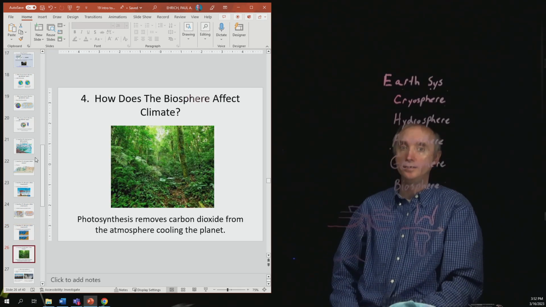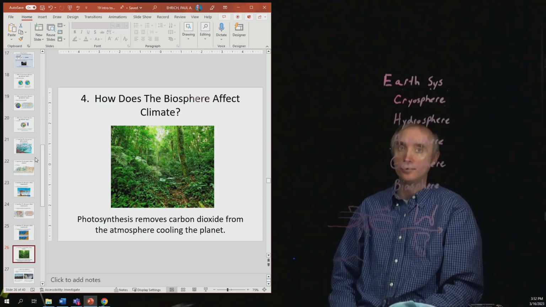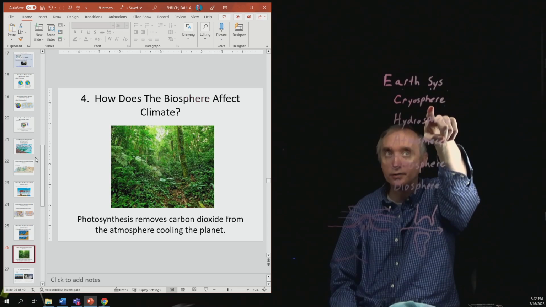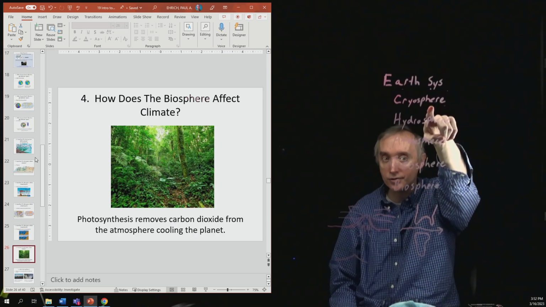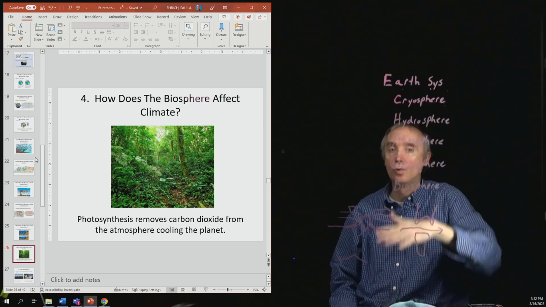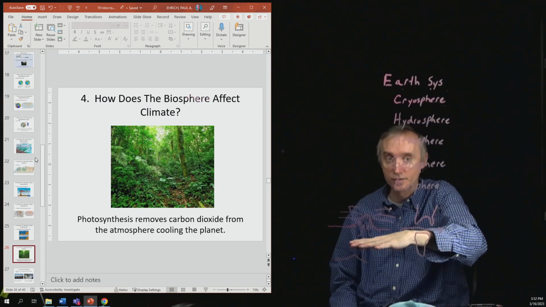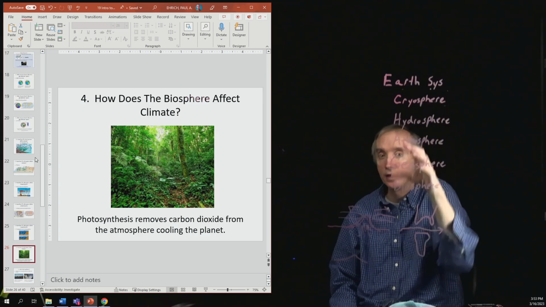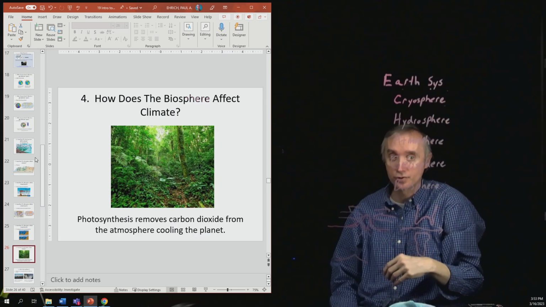Okay, and then finally, let's talk about the biosphere. We said that the cryosphere could store water in the form of glaciers, and so that would tend to make the water level lower because it's pulling water out of the oceans. When these glaciers melt, that's going to add water to the oceans.